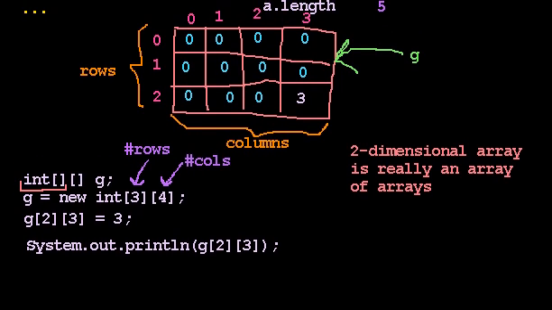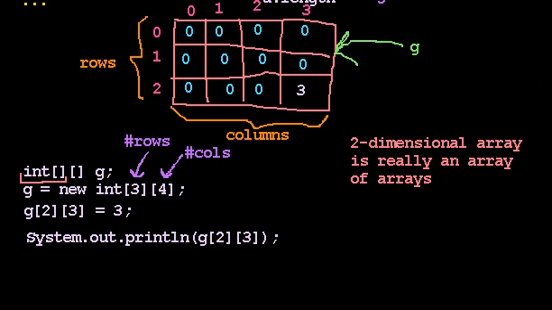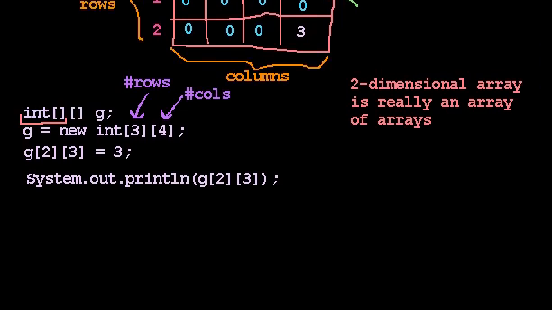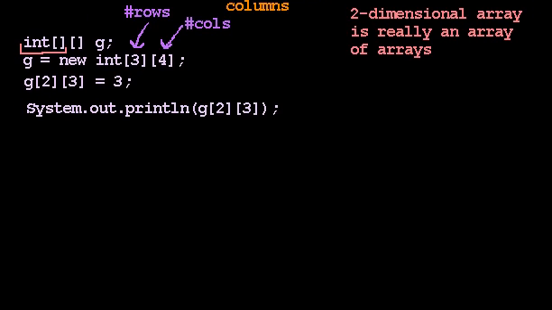So really what's going on when I make this two-dimensional structure with 3 rows and 4 columns is that I'm making an array of arrays. Let's look at that array of arrays. So here's G, and G refers to an array, and I'm drawing this array vertically because it's going to let this picture line up in a nice way.